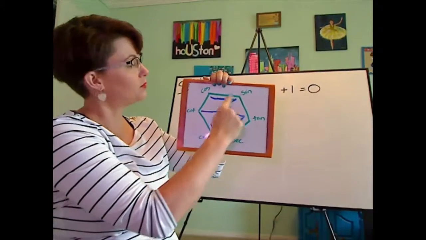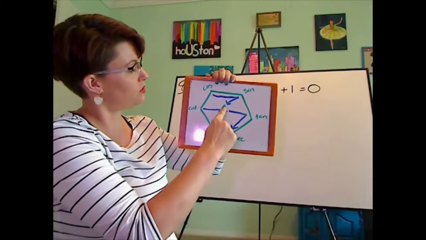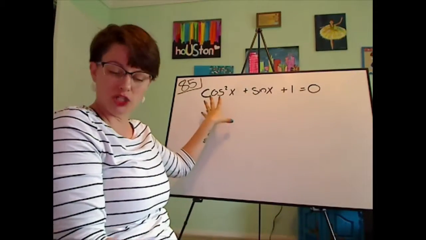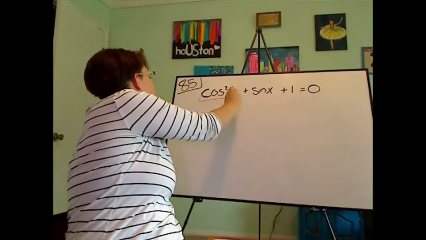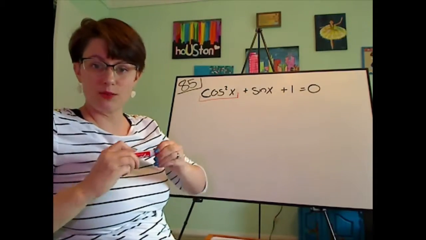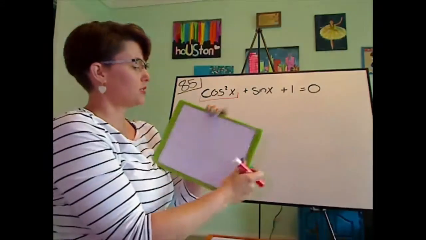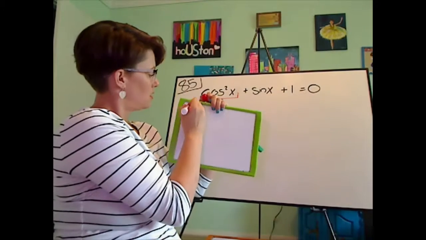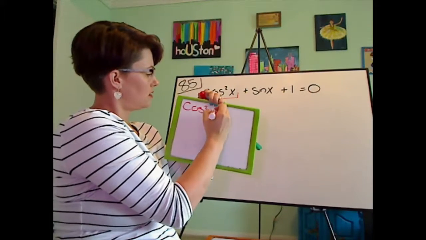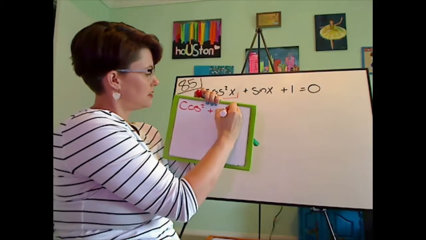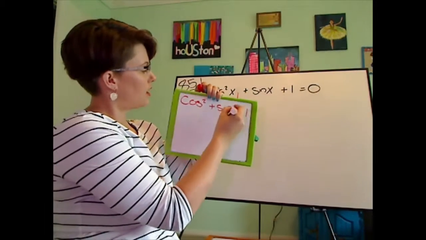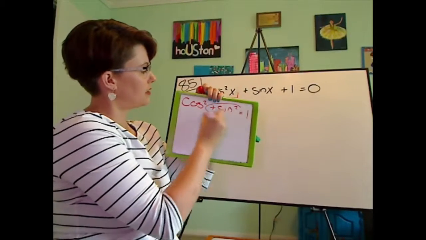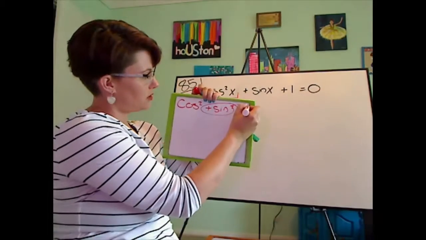Cosine squared plus sine squared equals 1. So we're going to change our cosine squared into something else with one of our identities. Like I just said, cosine squared plus sine squared equals 1. We can get the cosine squared by itself if we move our sine squared over.